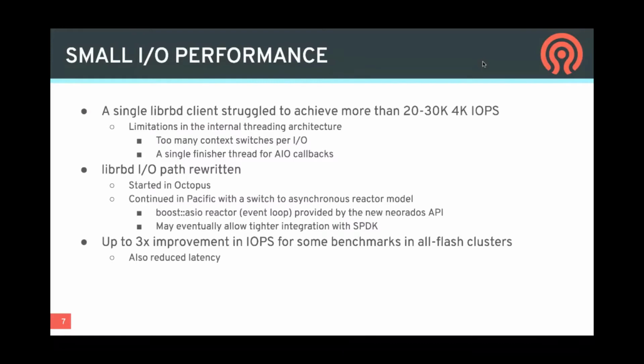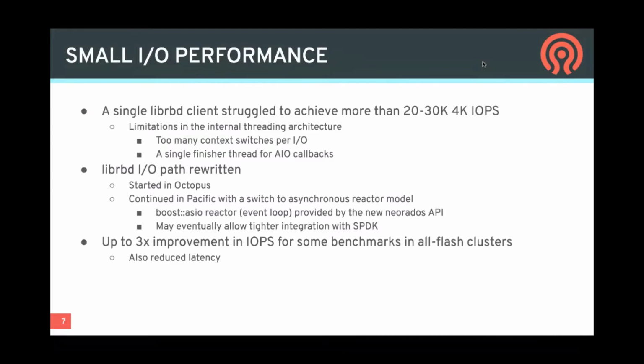And so to address that, the librbd I/O path has been rewritten in PACIFIC, and it now sits on top of the new NeoRados API that landed early in the PACIFIC cycle.